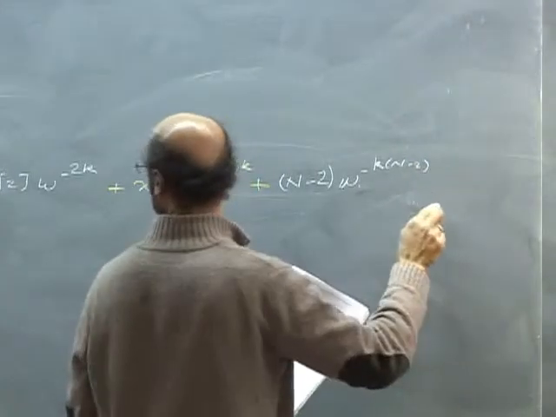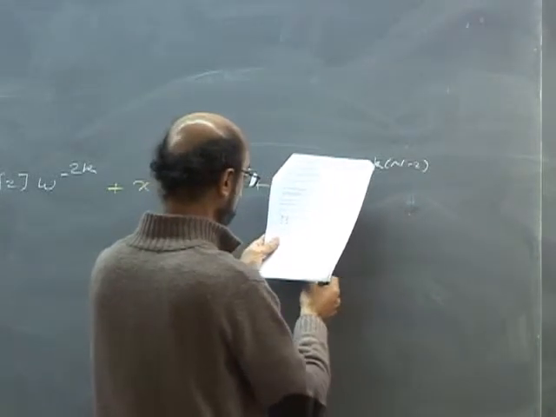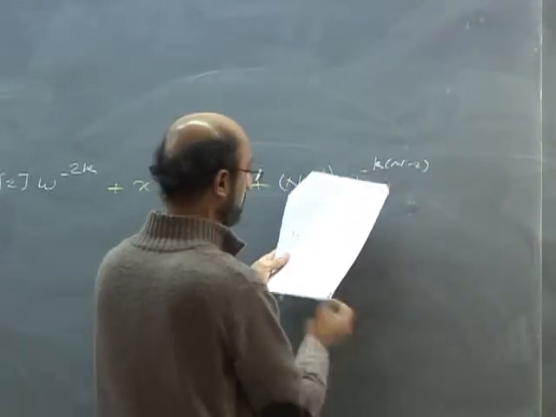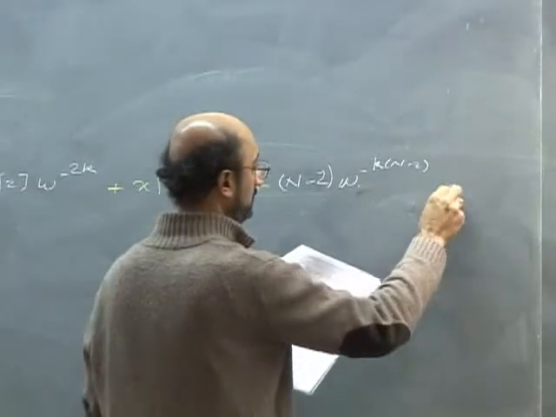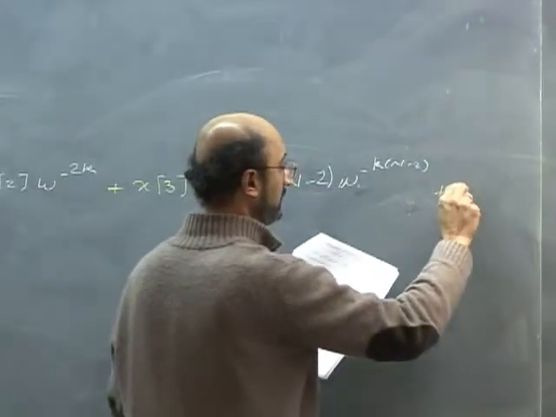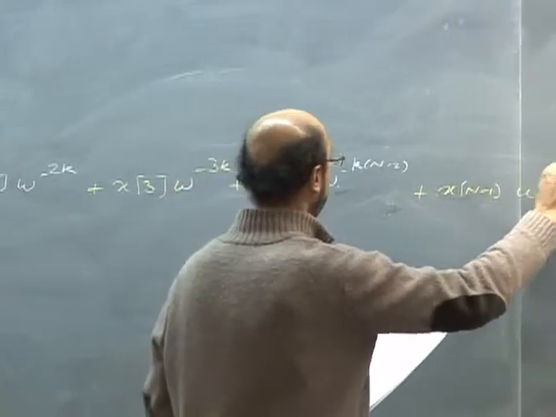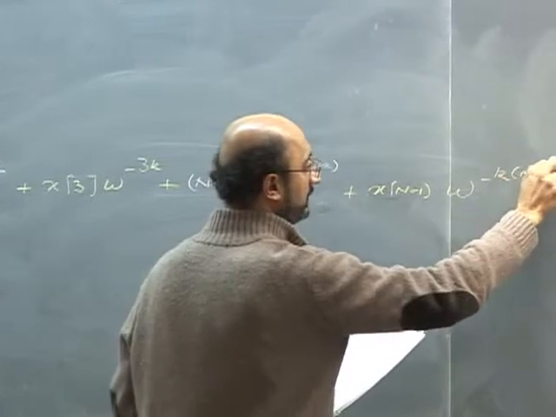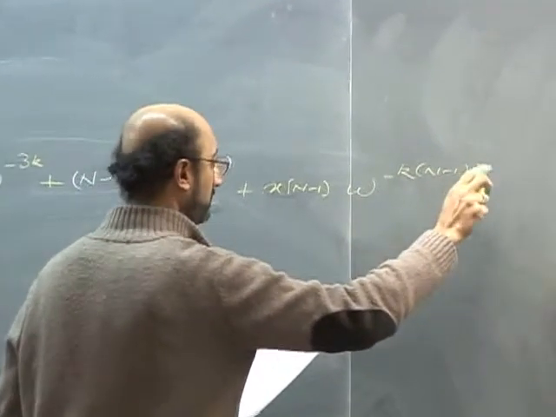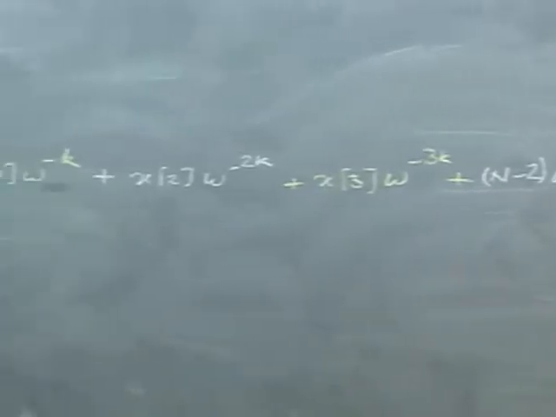And then the last term is going to be x n minus 1 omega to the minus k times n minus 1. Okay, so what I've done is to just write each term in a different color.